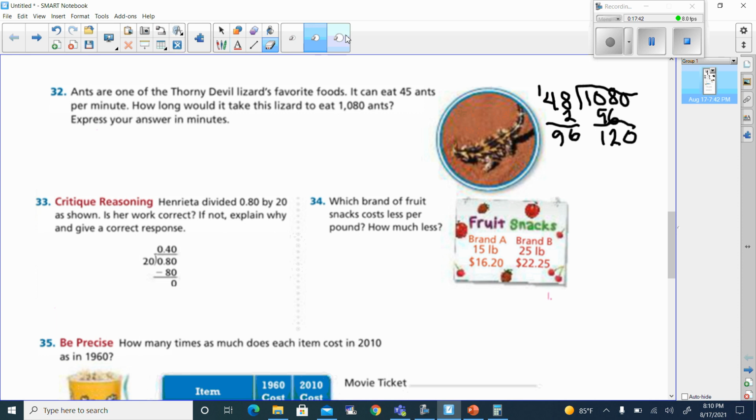All right, and now let's get rid of this. And now how many times does 48 go into 120? Well, 4 times 3 is 12, but with that 8 there, it's going to be too much. So I'm afraid we're going to have to go by 2 again. We forgot to put 2 over here already. Let's not get ahead of ourselves.